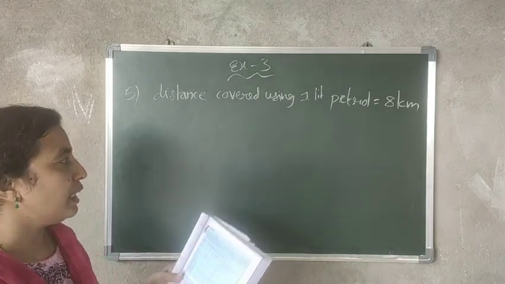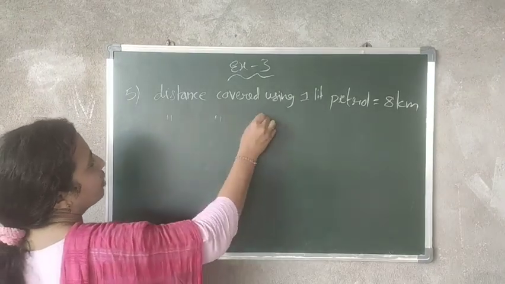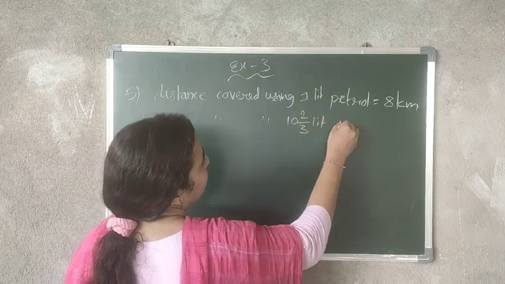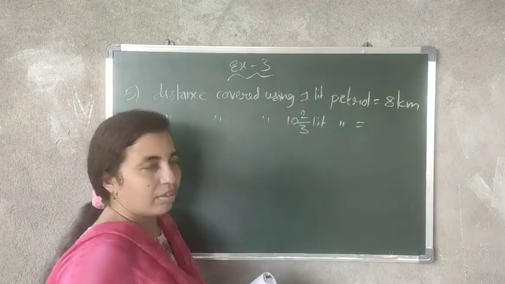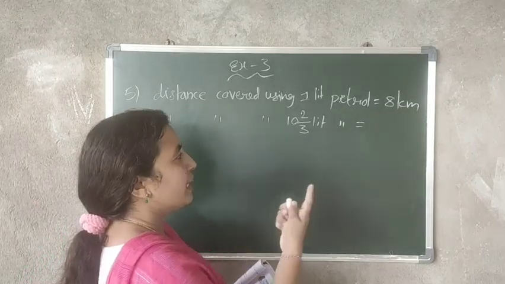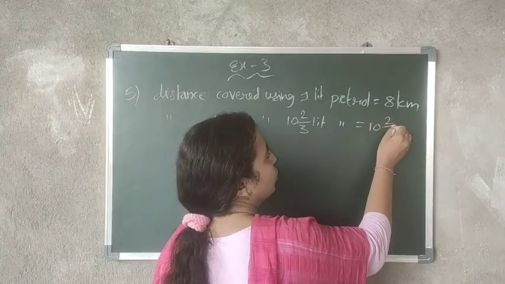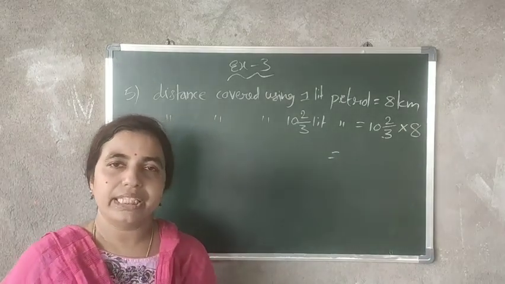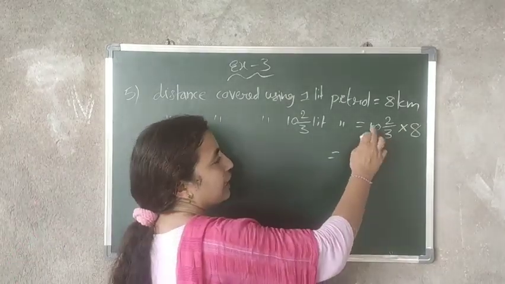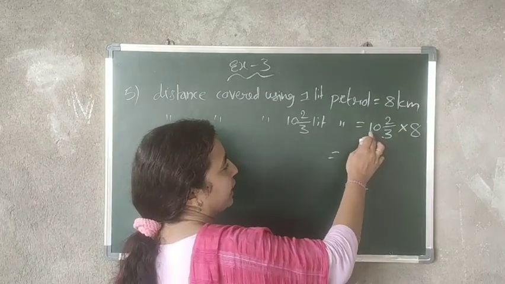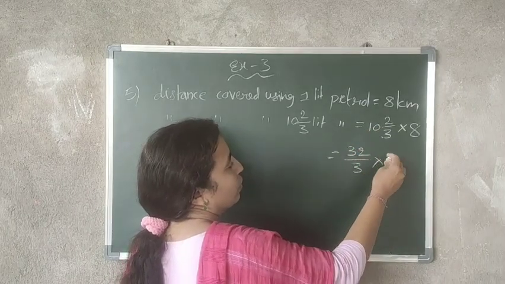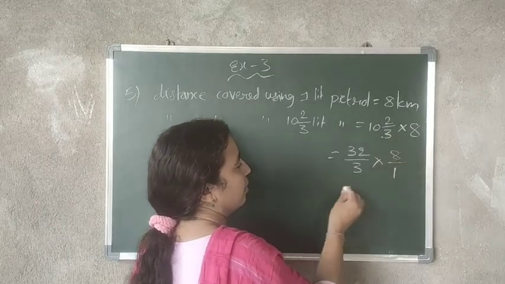Then, distance covered using 10 2 by 3 liters petrol is equal to, for 1 liter 8 kilometers, 10 2 by 3 liters means 10 2 by 3 into 8. So first write this as an improper fraction. 3 tens are 30, 30 plus 2, 32 by 3 into 8 by 1.